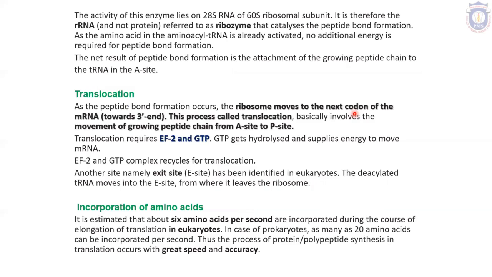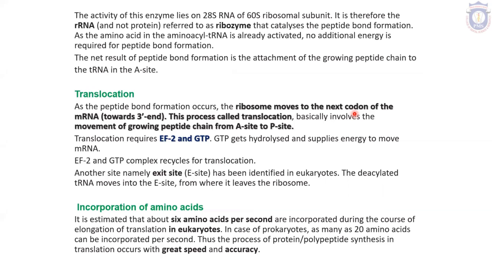It is therefore the RNA, and not a protein, referred to as a ribozyme, that catalyzes the peptide bond formation. As the amino acid in the aminoacyl-tRNA is already activated, no additional energy is required for peptide bond formation. The net result of peptide bond formation is the attachment of the growing peptide chain to the tRNA in the A site.